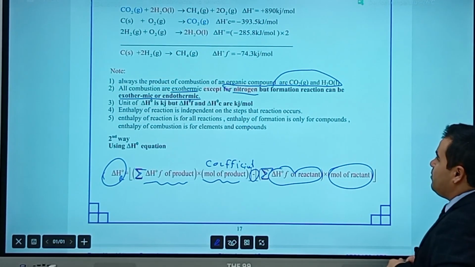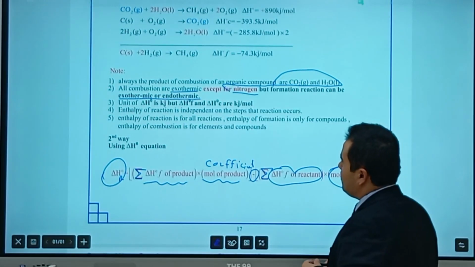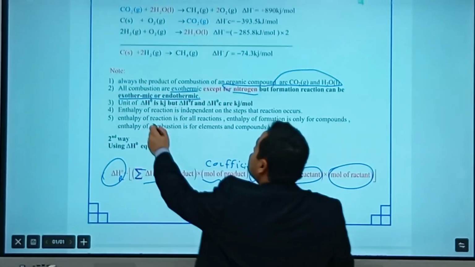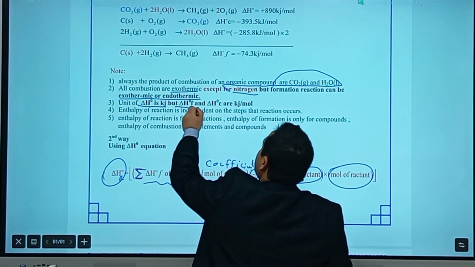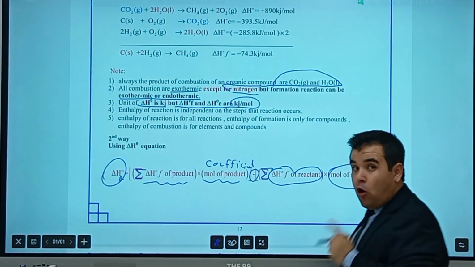We can say all of the combustions are exothermic except the combustion of nitrogen. The unit of enthalpy is kilojoule, but enthalpy of formation and combustion are kilojoule per mole.